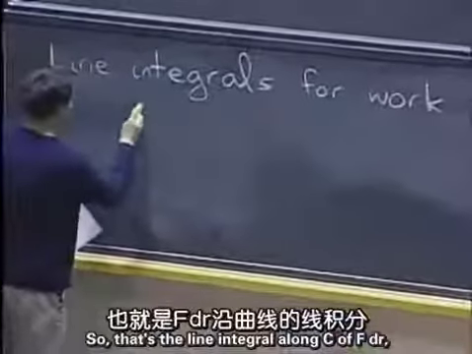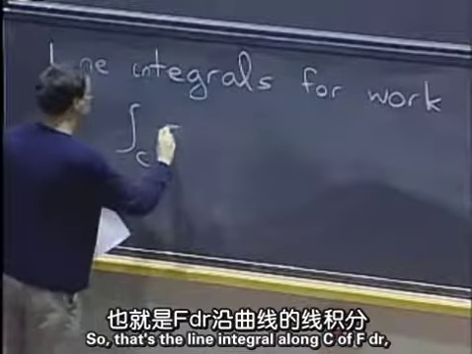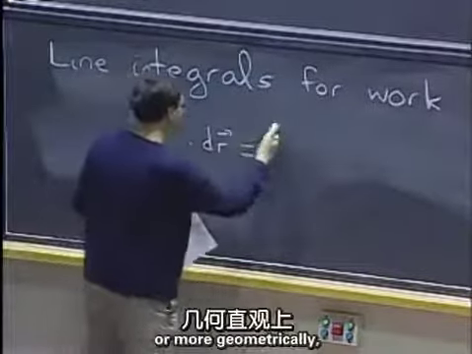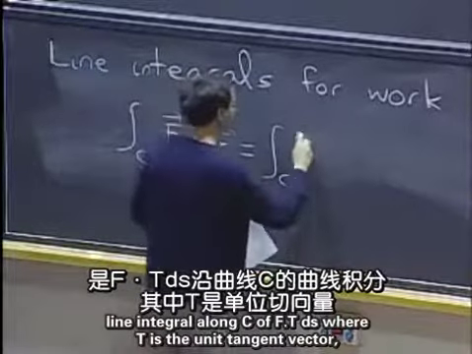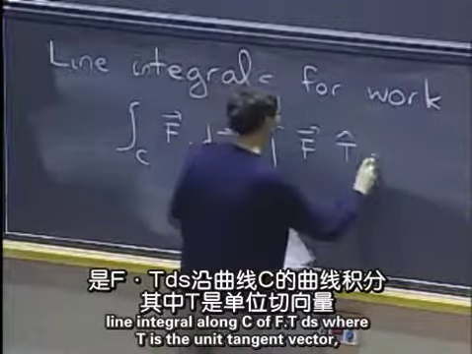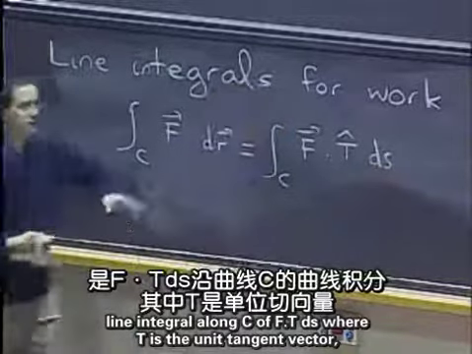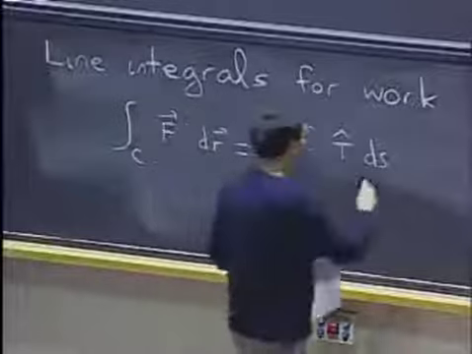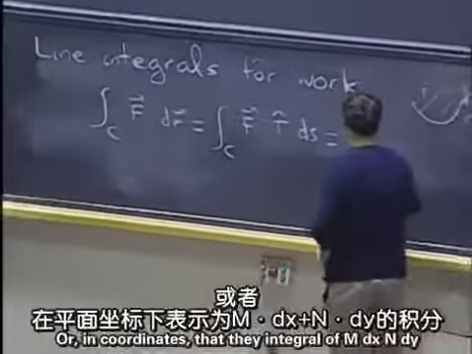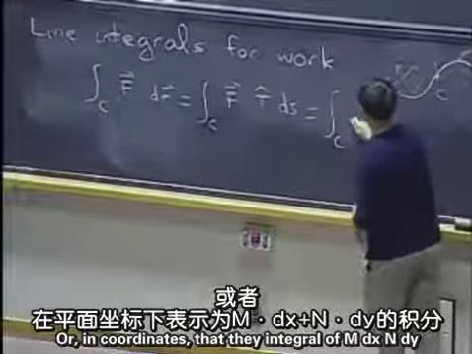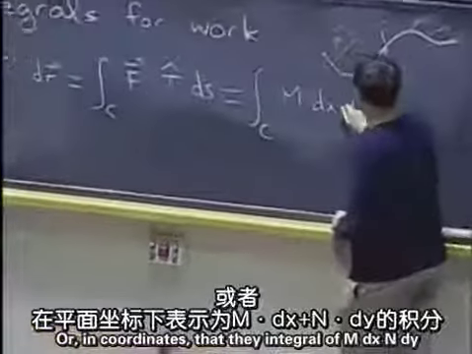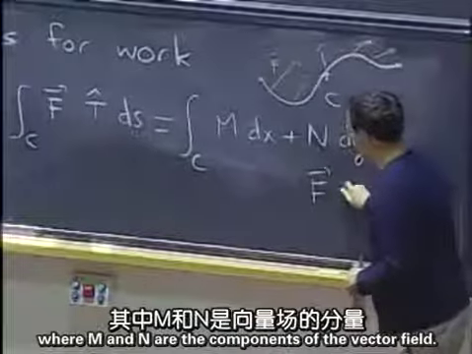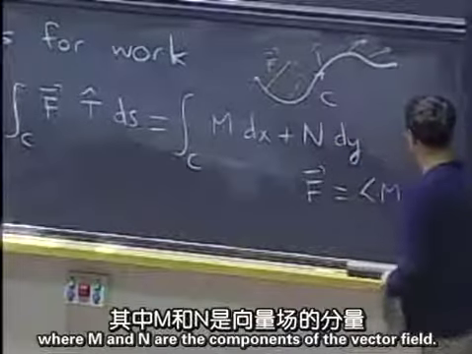So that's the line integral along C of F dot dr, or more geometrically, line integral along C of F dot T ds, where T is the unit tangent vector and ds is the arc length element. Or in coordinates, that's the integral of M dx plus N dy, where M and N are the components of the vector field.